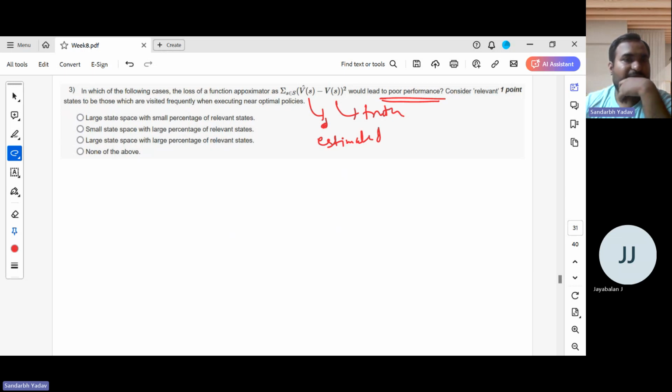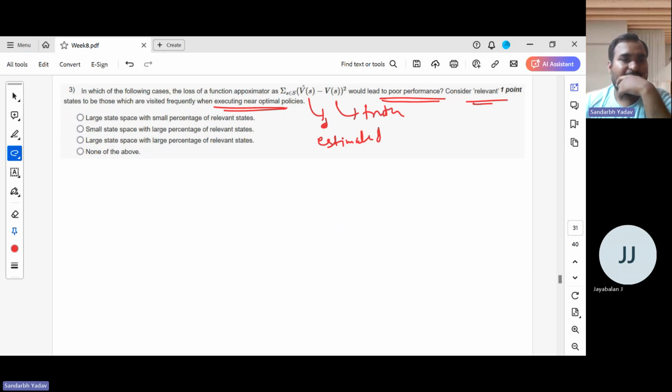And consider relevant states to be those which are visited frequently when executing near optimal policies. Okay, so we are executing near optimal policies, almost optimal, and relevant states are those states which are visited very frequently in these near optimal policies. So in which case will this loss lead to poor performance?